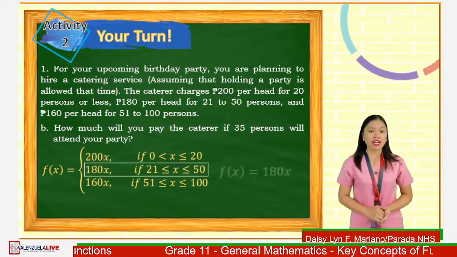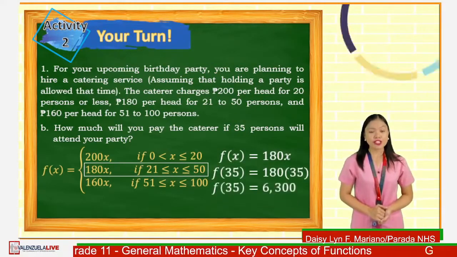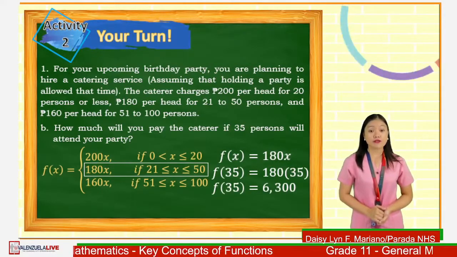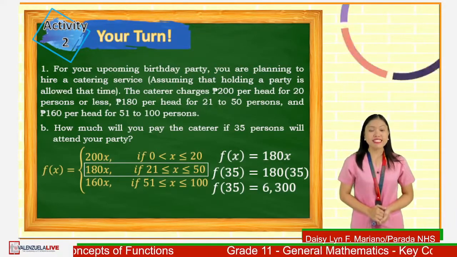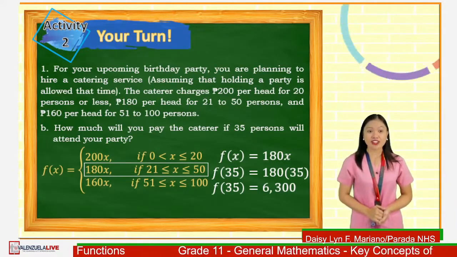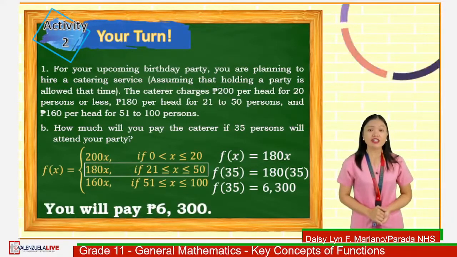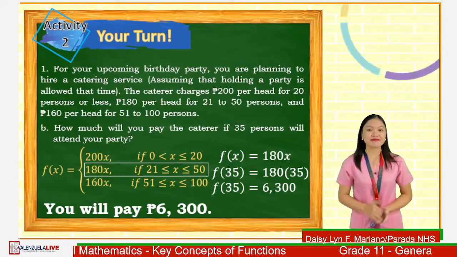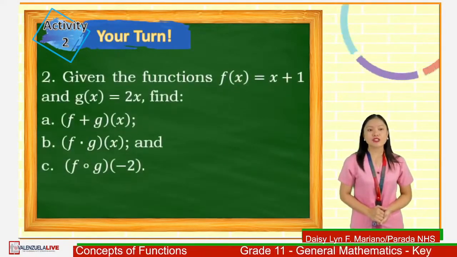Substitute 35 to the variable x and we get f of 35 is equal to 180 times 35, which gives a product of 6,300. So, you will pay 6,300 pesos. Did you get the same answer? That's nice. Moving on to our second question.